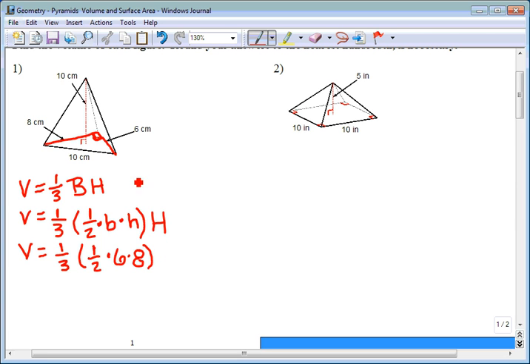And then the height of my whole solid is indicated here as 10 centimeters. So now I just multiply this out. So again, it's multiplication, order doesn't matter, I have all multiplication here. So if I do 1/3 times 1/2, that's a 1/6. 6 times 8 is 48.